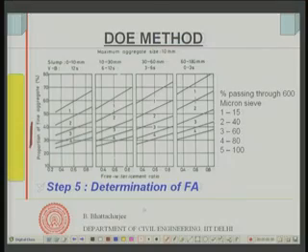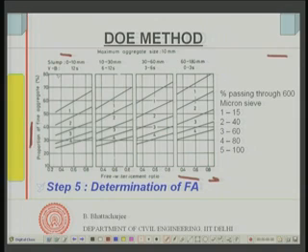On this side you have proportions of fine aggregate, and on this side the free water cement ratio, and here is the slump. This is for slump 0 to 10 millimeter, 10 to 30 millimeter, 30 to 60 millimeter, and 60 to 180.